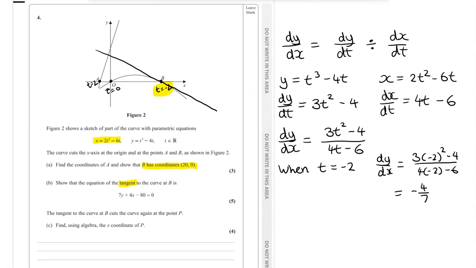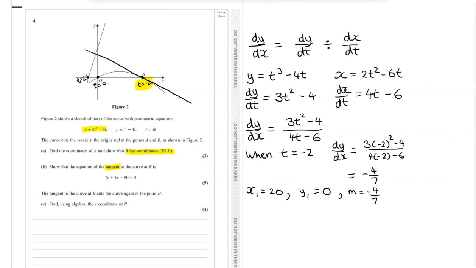So now we know that 20 is the x-coordinate, 0 is the y-coordinate at B, and the gradient is going to be minus 4 over 7.